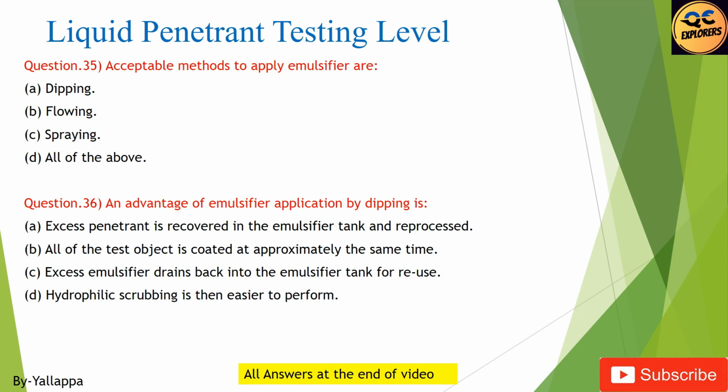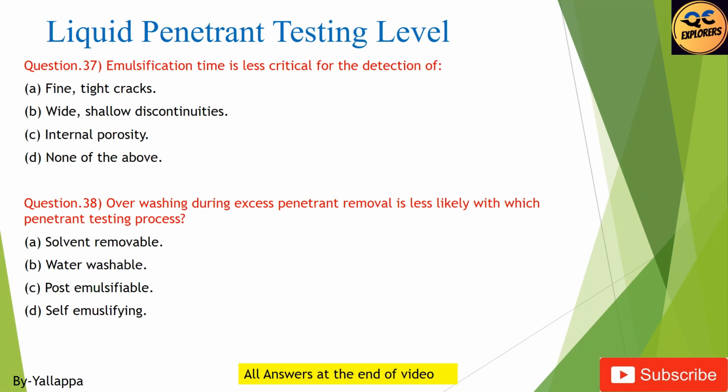Excess emulsifier drains back into the emulsifier tank for reuse. Hydrophilic scrubbing is then easier to perform. Question point 37. Emulsification time is less critical for the detection of fine, tight cracks, wide, shallow discontinuities, internal porosity. None of the above.